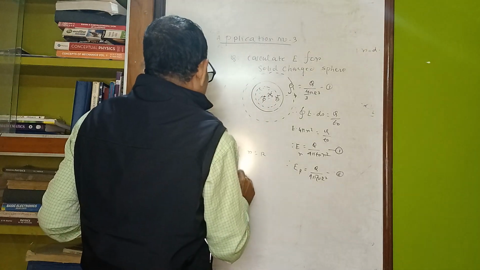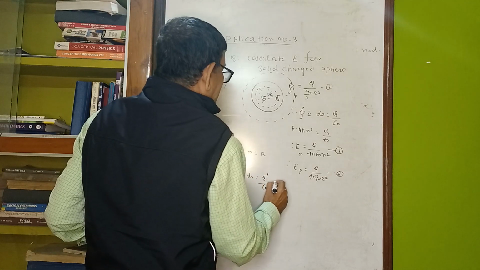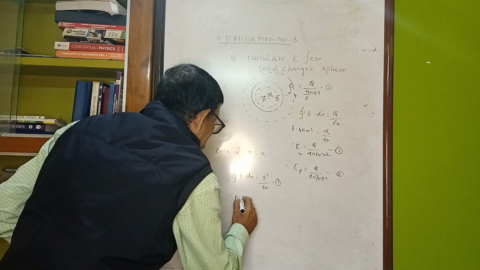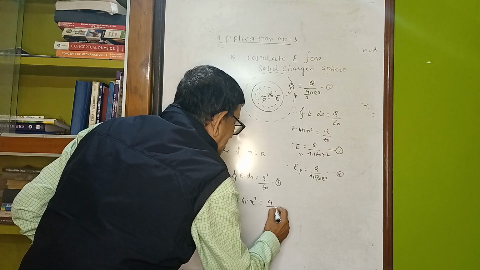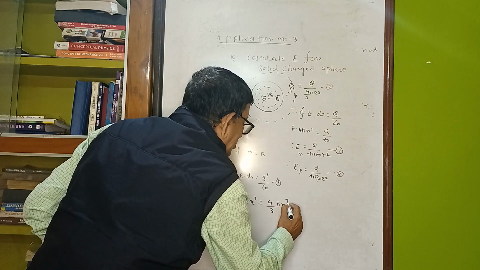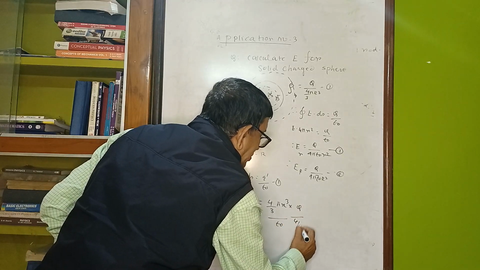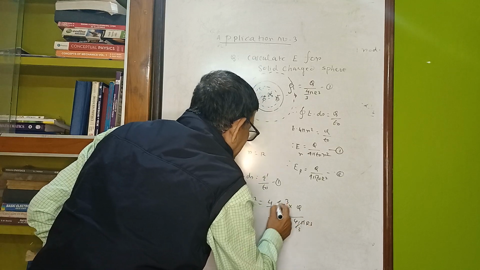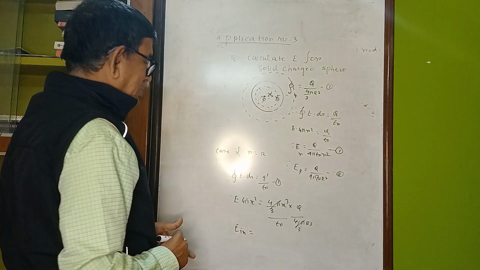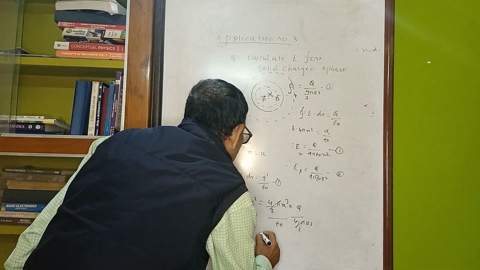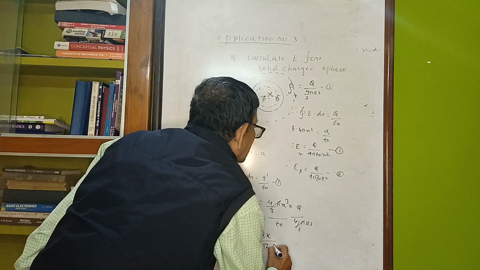We have integral E dot ds equal to total charge, suppose Q prime, by epsilon naught. Now you write E times 4 pi x square, with Q prime equal to 4 by 3 pi x cube into density, divided by epsilon naught, and density equal to Q by 4 by 3 pi R cube. Cancel, and you are getting E inside equal to Qx by 4 pi epsilon naught R cube.